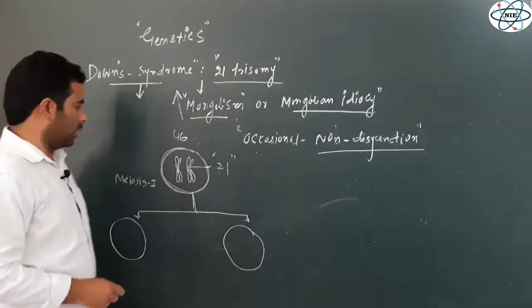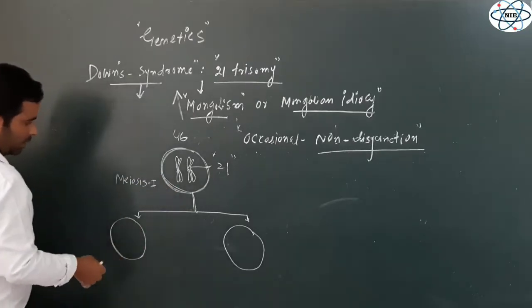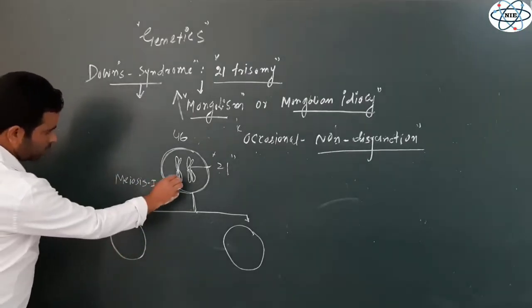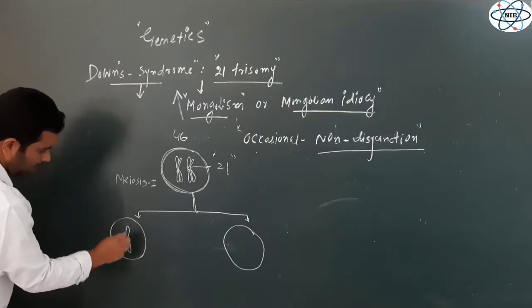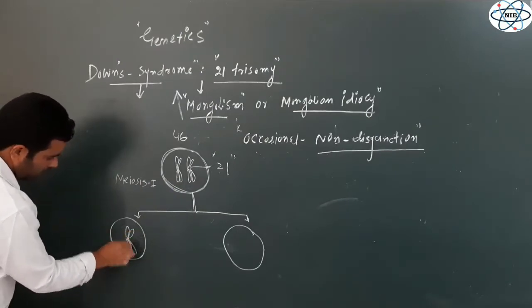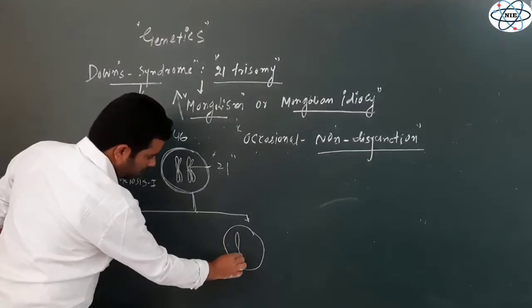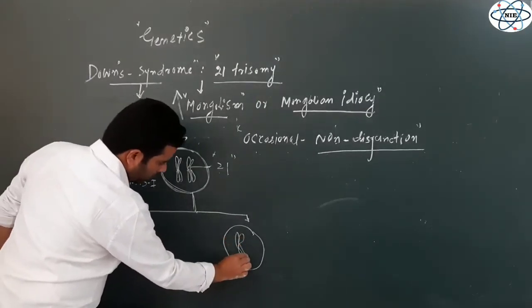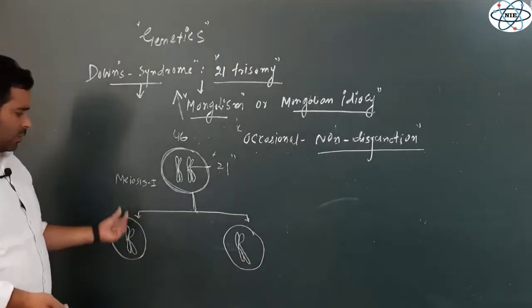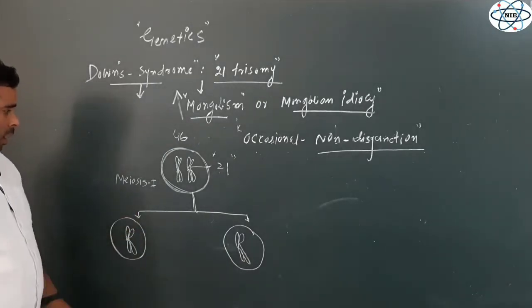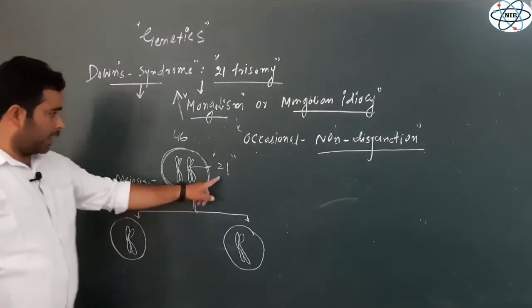This is normal division. This chromosome will move to this cell, and the other chromosome will move to the other cell. So these two daughter cells after meiosis first have each received one copy of 21.